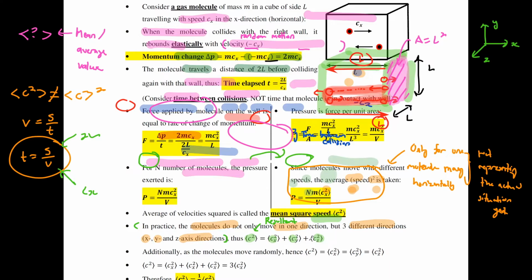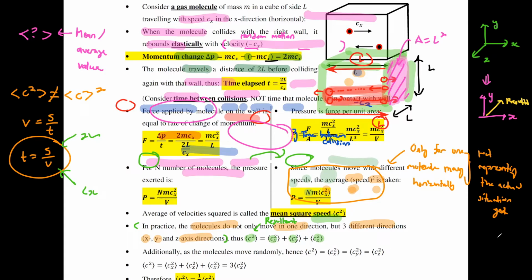Now how can I say this? This one has something to do with your understanding of geometry. If I give you y and then I give you x, the resultant of x and y would be this one, right? This is your resultant, isn't it?